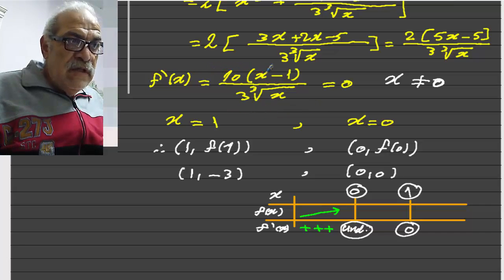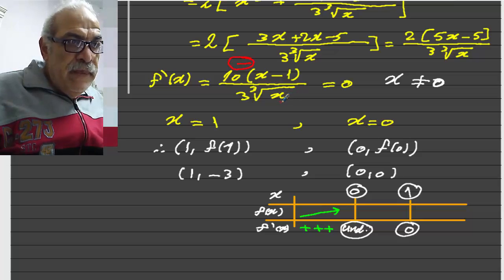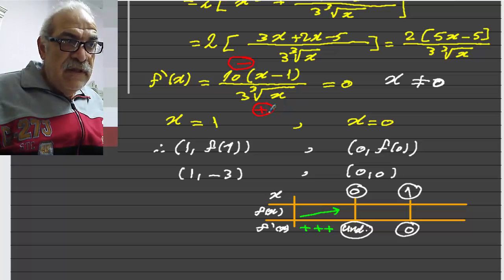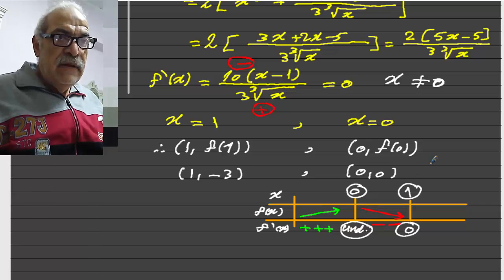When x equals 0.5, the numerator will be negative, and the denominator will be positive, because the cubic root of 0.5 is positive. Negative divide positive is negative, and the function is decreasing on this interval.